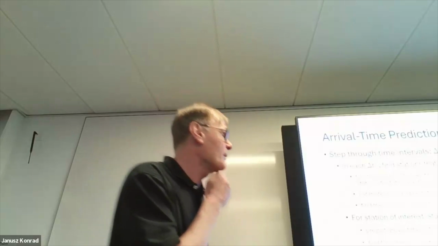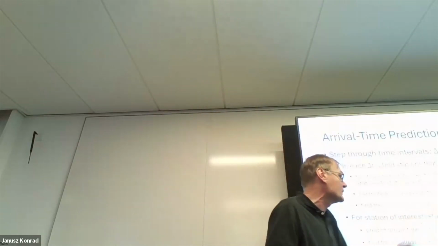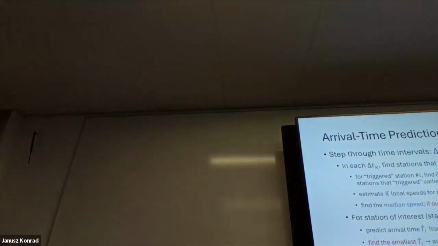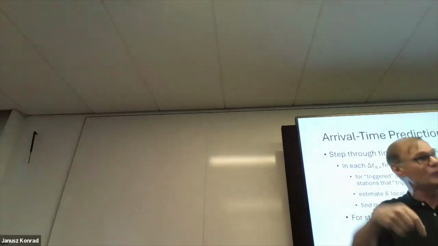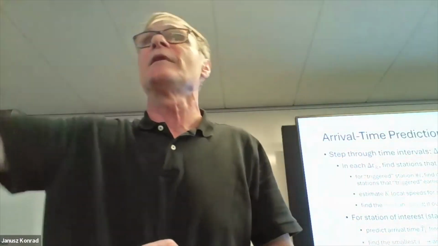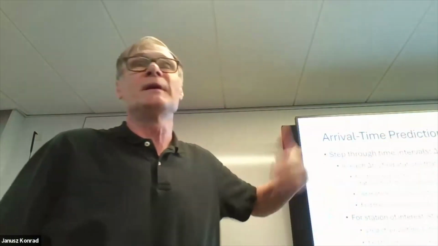We predict the time of arrival using median speed, but we do one more thing. Among all the stations that triggered in a particular delta t and that we use to compute arrival time, we use the lowest arrival time, the smallest. And that's our arrival time for every delta t.